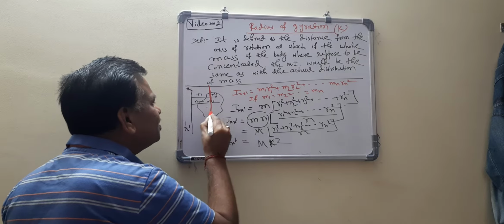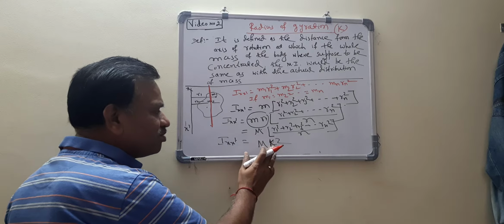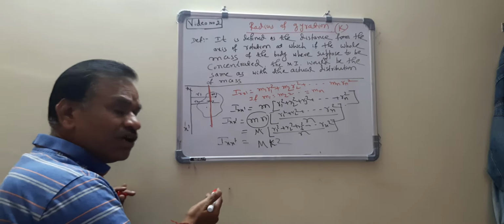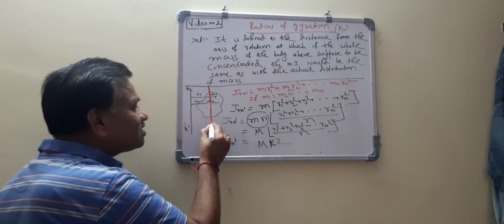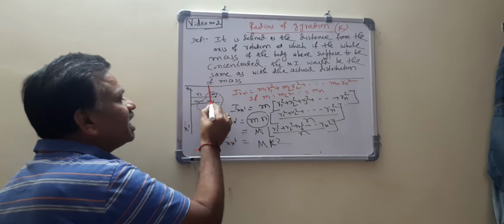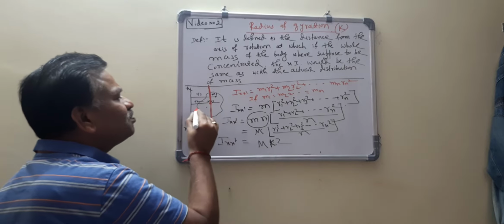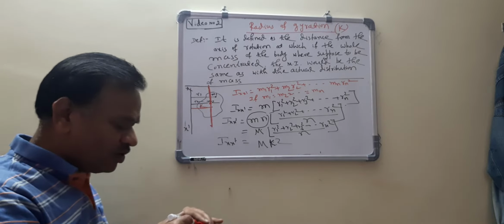Whatever the total moment of inertia you are getting now, you get the same value if I consider one axis here, at this point, where the entire mass of the object is situated, and this distance I will call K.